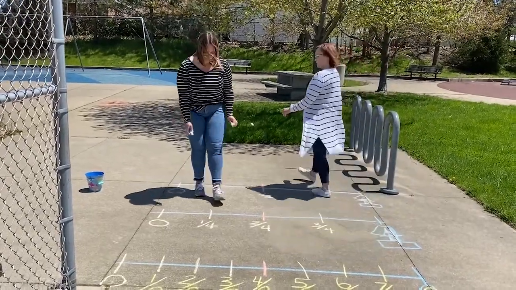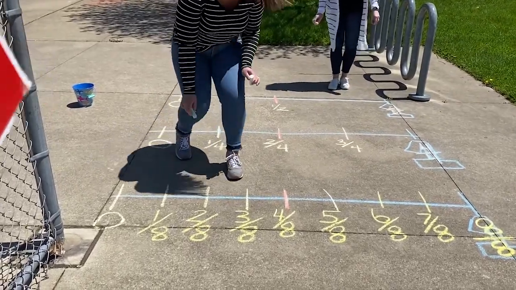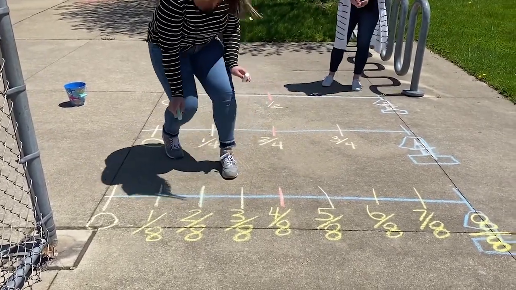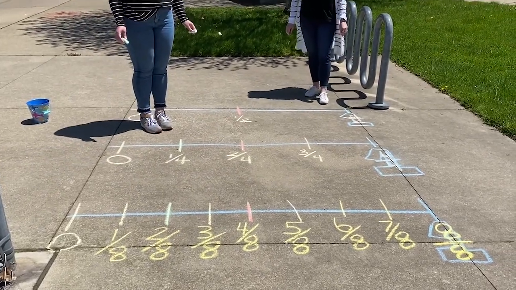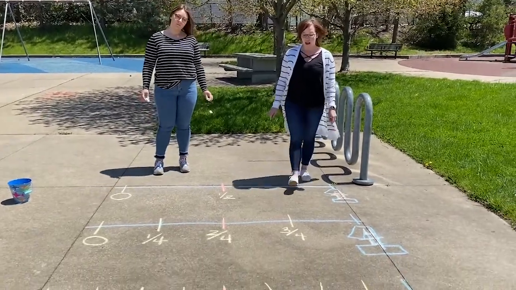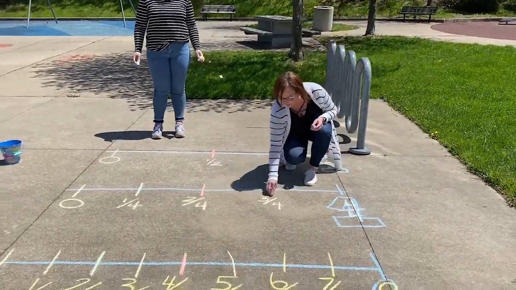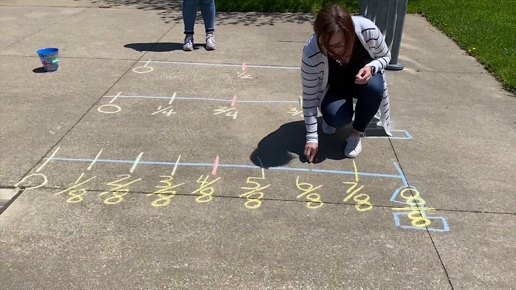I notice that 1/4 is in the same spot as 2/8. So if you were thinking that 2/8 and 1/4 are equivalent, you're also right. I also notice that 3/4 is in the same spot as 6/8.